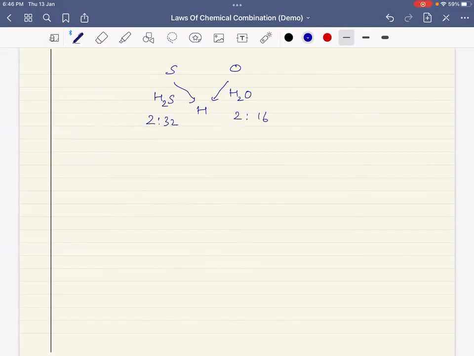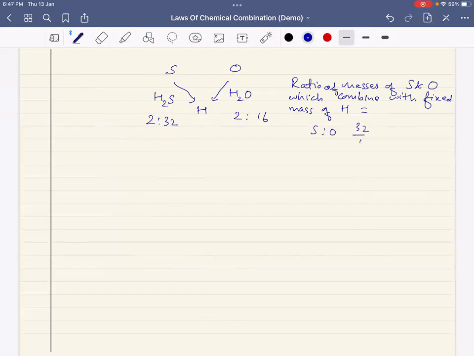Here the mass of the hydrogen is fixed. So sulfur and oxygen are combining in the ratio of 32:16, right? The ratio of masses of sulfur and oxygen which combine with a fixed mass of hydrogen is 32 divided by 16, that is 2:1.